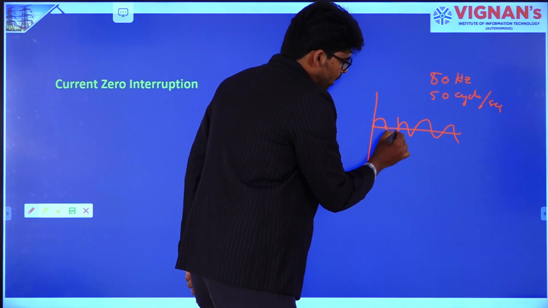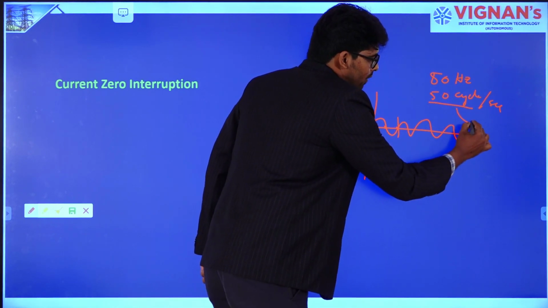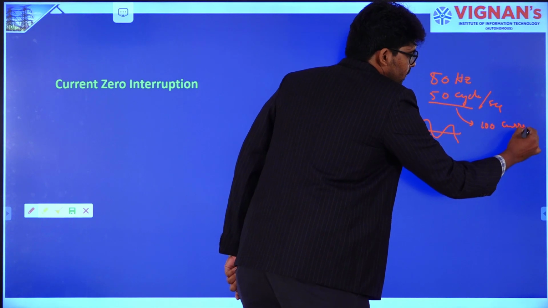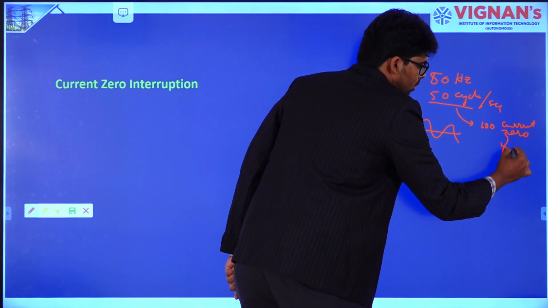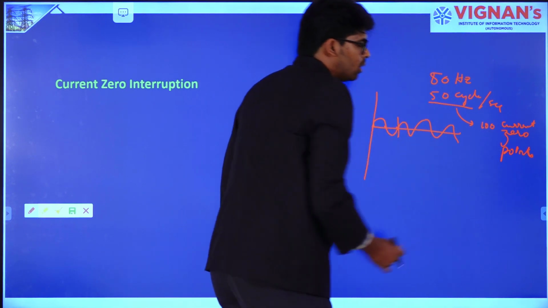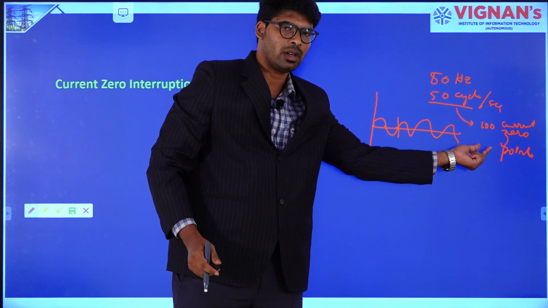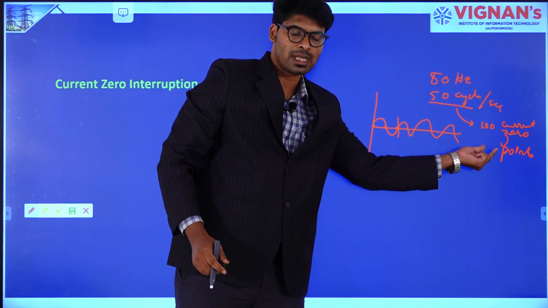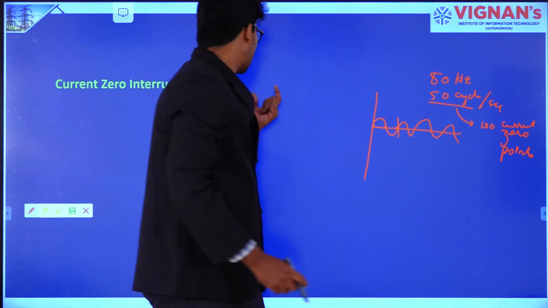This is one current zero point and this is the other current zero point. That means for 50 cycles you will have 100 current zero points. Based on the instant of interruption, we use these 100 current zero points per second to operate the circuit breaker. That is about current zero interruption.